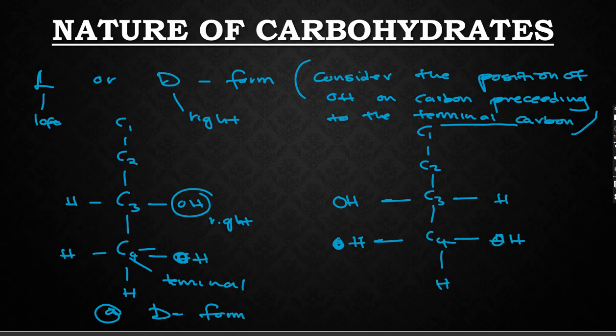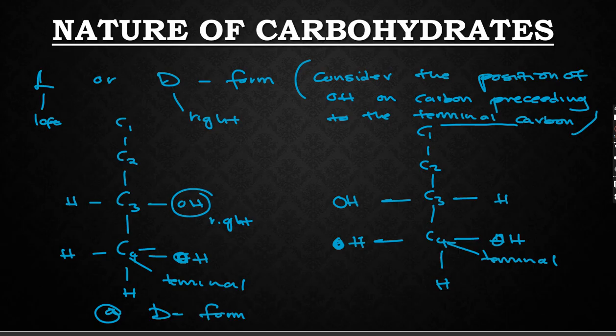Let's go to this one. How can we know that this is a D or L carbon? First we look for the terminal carbon. We then consider the preceding carbon, the next carbon to the terminal carbon, which is actually carbon 3.